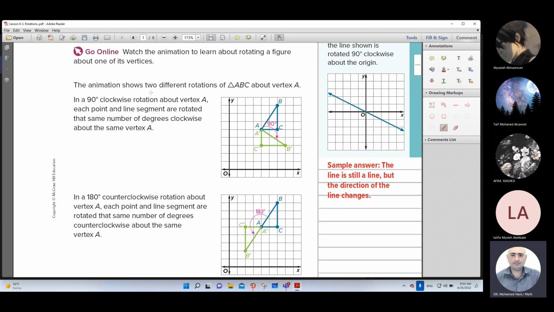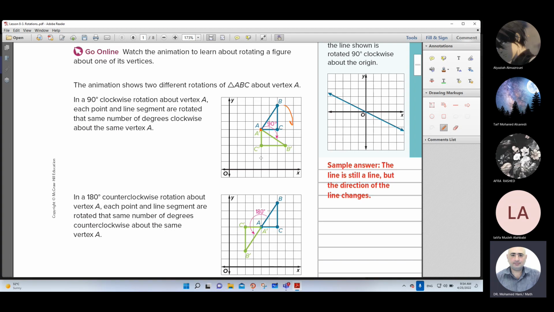The animation shows two different rotations of triangle ABC about vertex A. As you see, here we have the pre-image, and here A is the center of the rotation. When you rotate this triangle clockwise, and the degree is 90, you will get here the image.